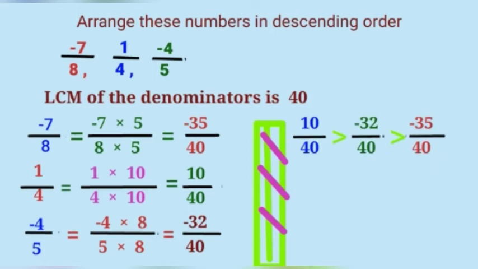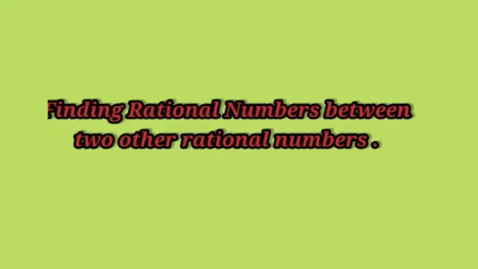That is 10 by 40 is greater than minus 32 by 40 is greater than minus 35 by 40. That means 1 by 4 is greater than minus 4 by 5 is greater than minus 7 by 8. Now these numbers are in descending order, that means from greatest to smallest.